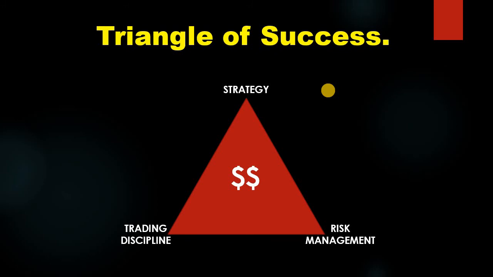And what will actually give you that edge, what will actually make you a profitable trader? The first thing you need to consider is your strategy. Remember, we said the 2 main factors of our strategy are the risk to reward ratio and the win rate. They should be good enough to give you a profitable strategy.